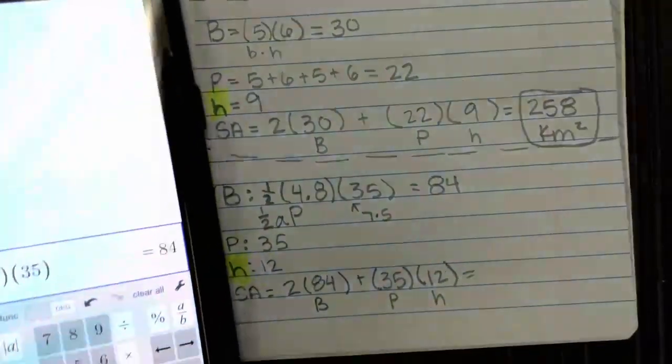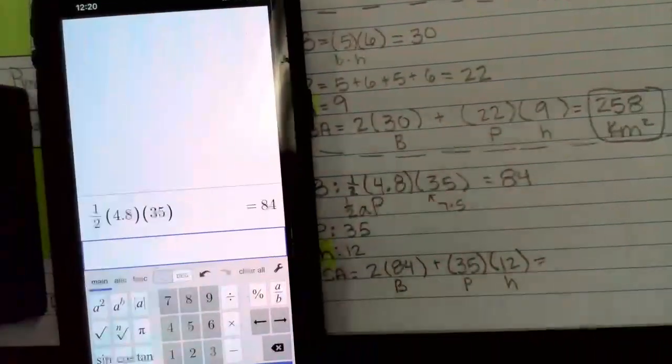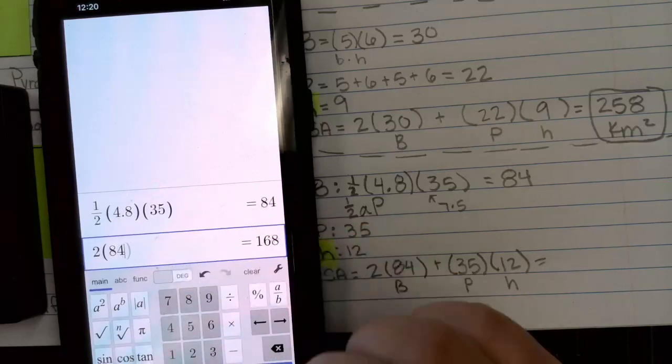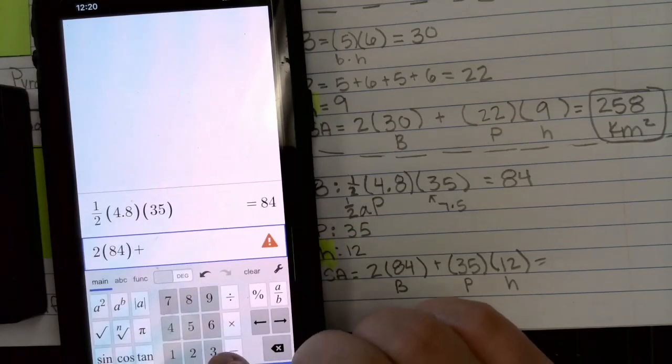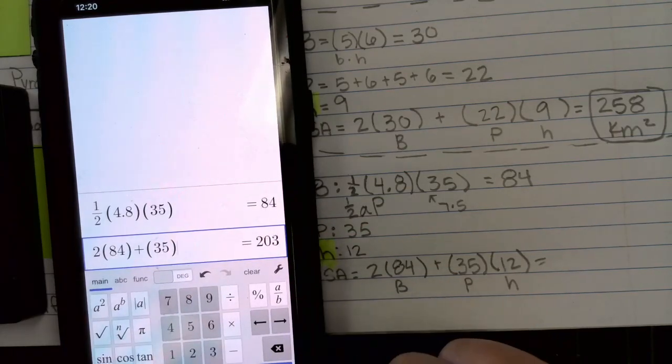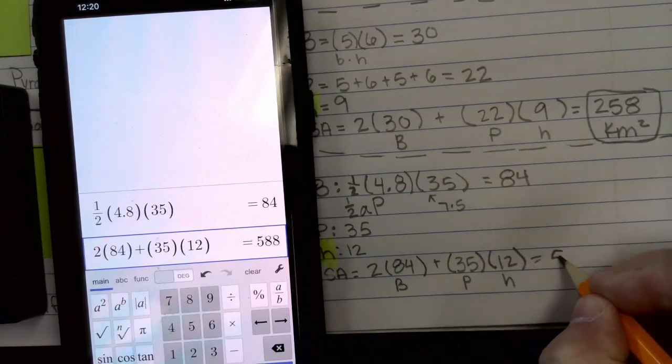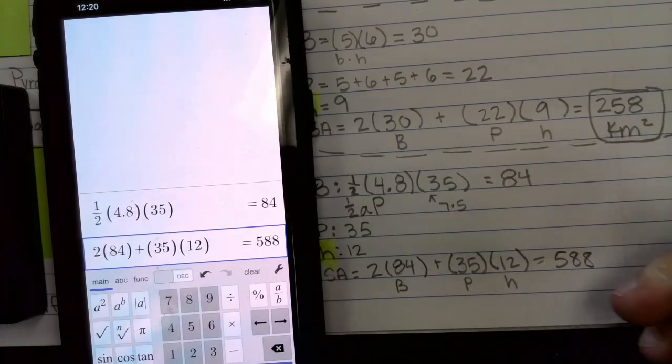Okay, so 2 times 84 plus 35 times 12. Oops, that's 11. There we go. 588 square what? Yards?